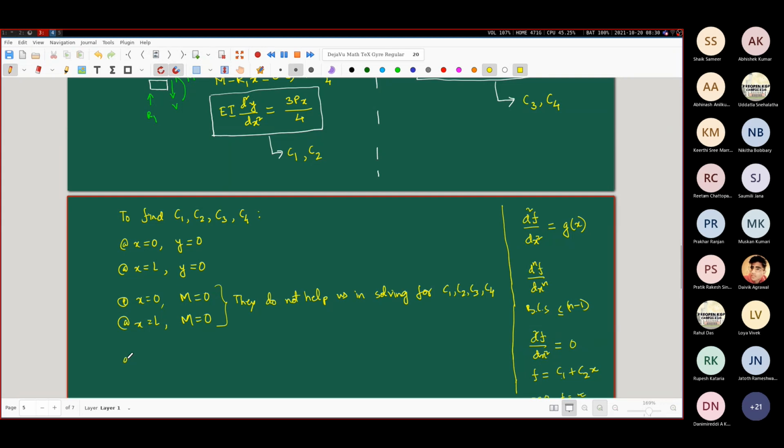So what we are going to say is that at x equal to, let me write it in a different fashion.